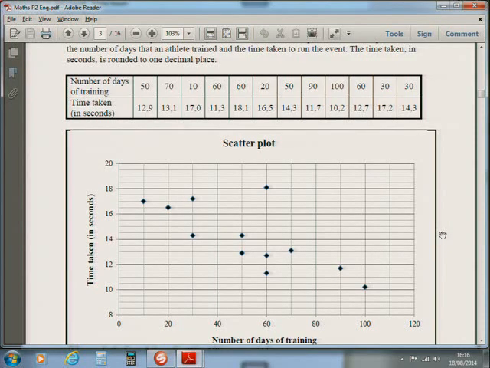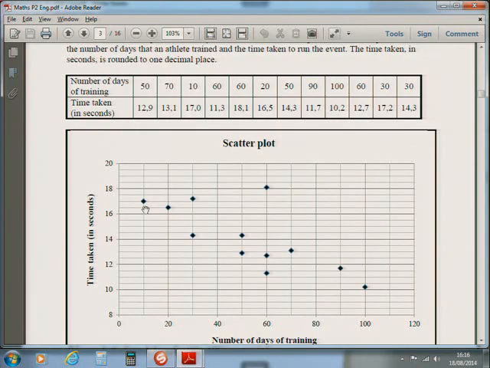Number of days. You see, if an athlete trains, for instance, 10 days, the athlete runs for a very long number of seconds, 17 seconds.